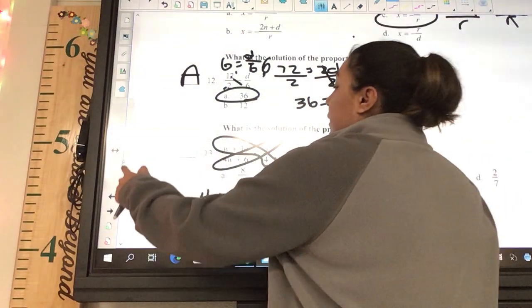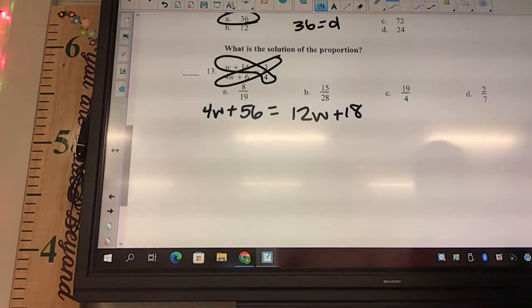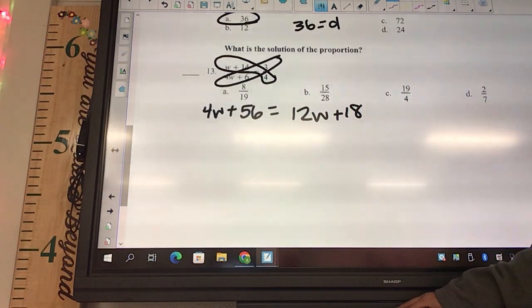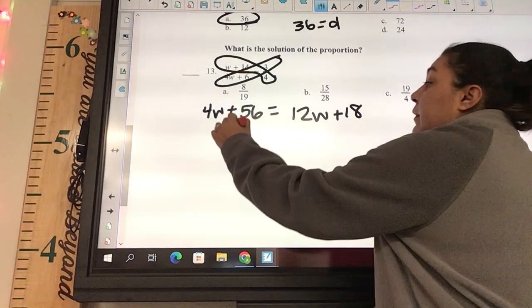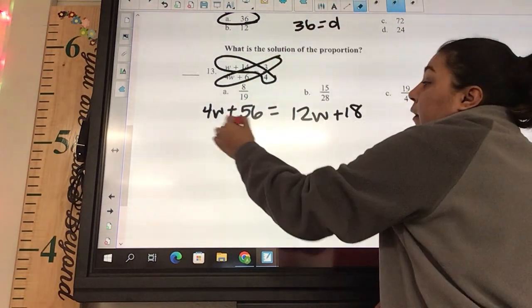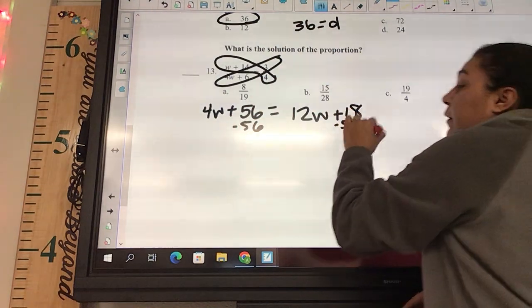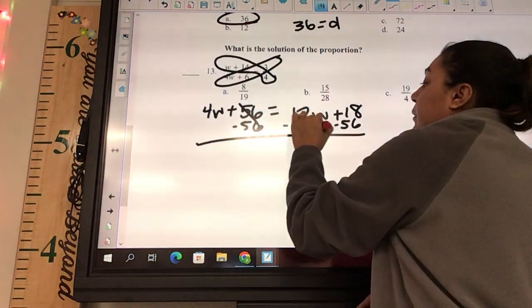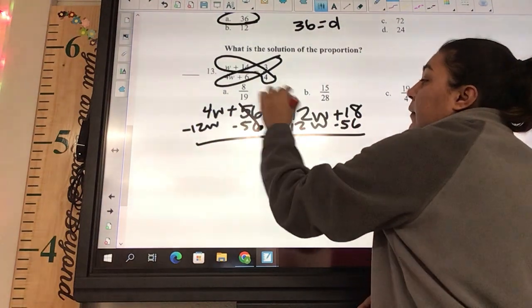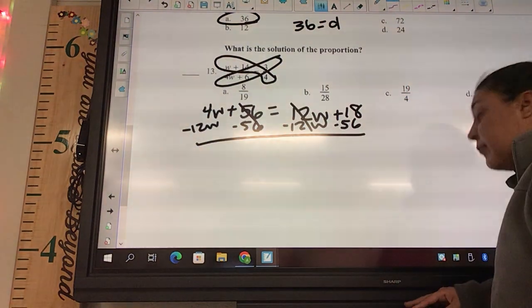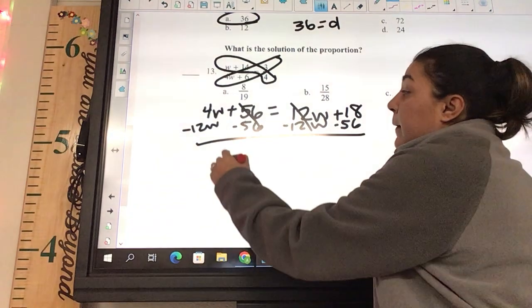Okay, and then we're going to minus what? What needs to be moved? 56? And the 12W. So 4 minus 12.